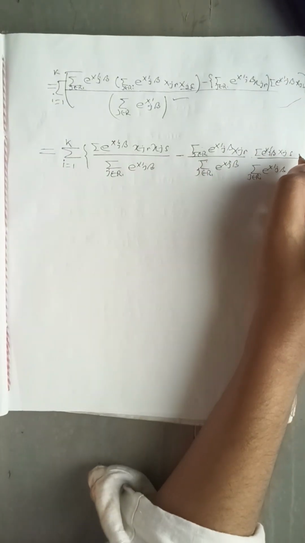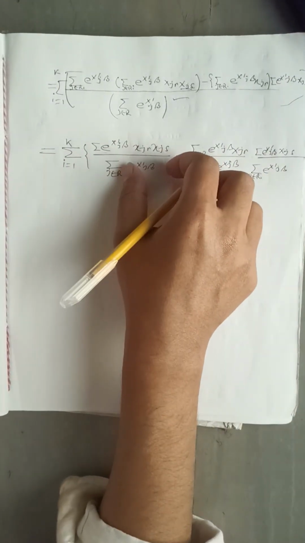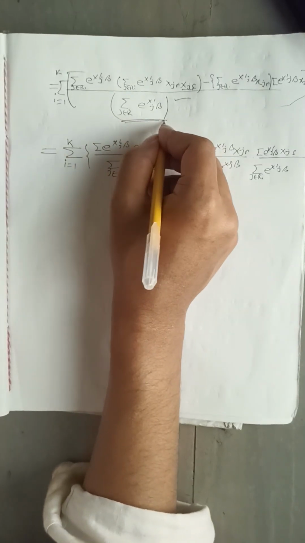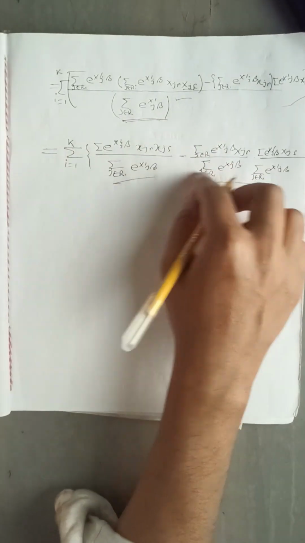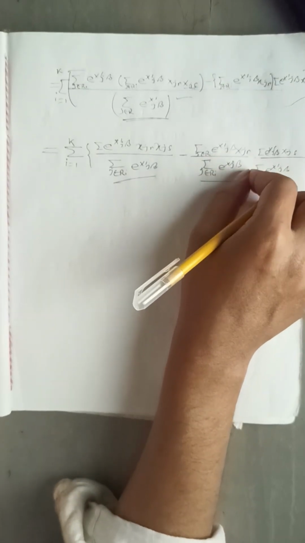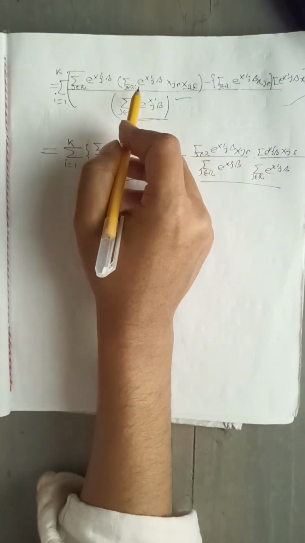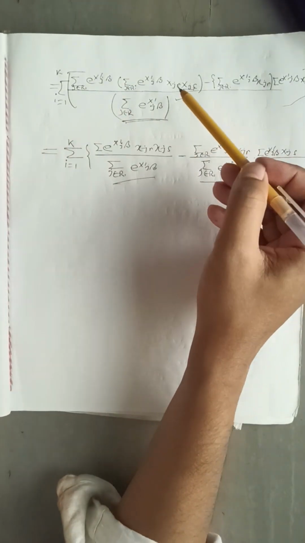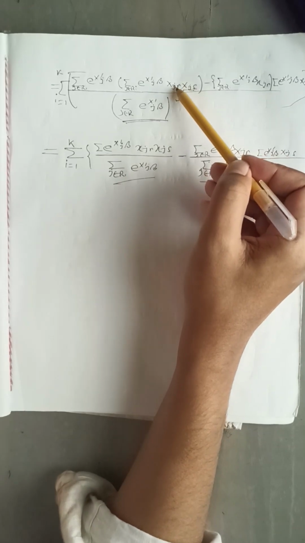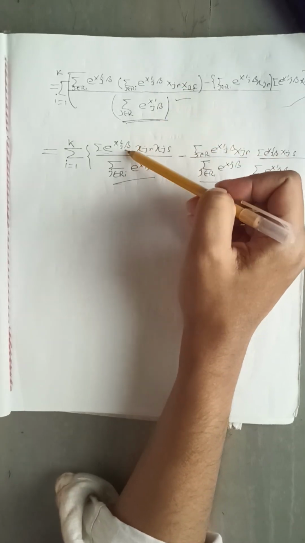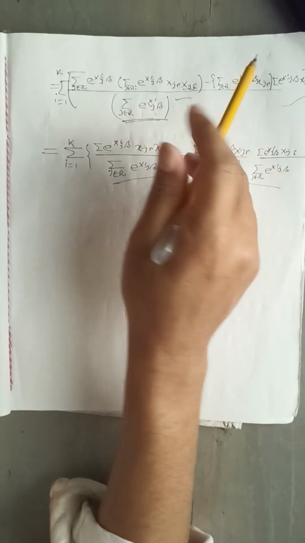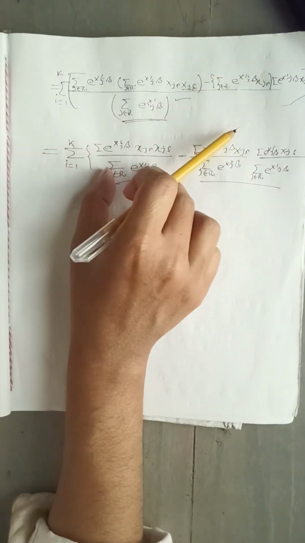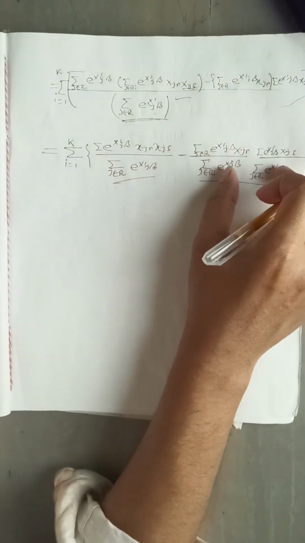Okay, so now what I did here, see there are two of them, so I take one and divide these two into single parts, and I write this part as here, because there are two parts of this, so this will be squared, and that also squared.